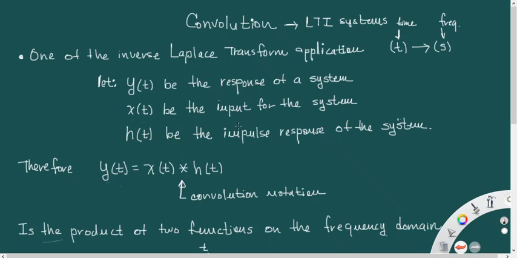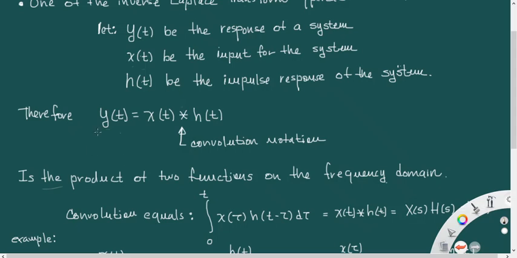So the idea here is if we want to know in the time domain the overlap, or the interaction, between x of t and h of t, then that is where we apply the convolution, in this case the convolution integral. Once we agree with these three expressions, we can write that y of t, if we apply the convolution theorem, will be equal to x of t, asterisk, h of t.